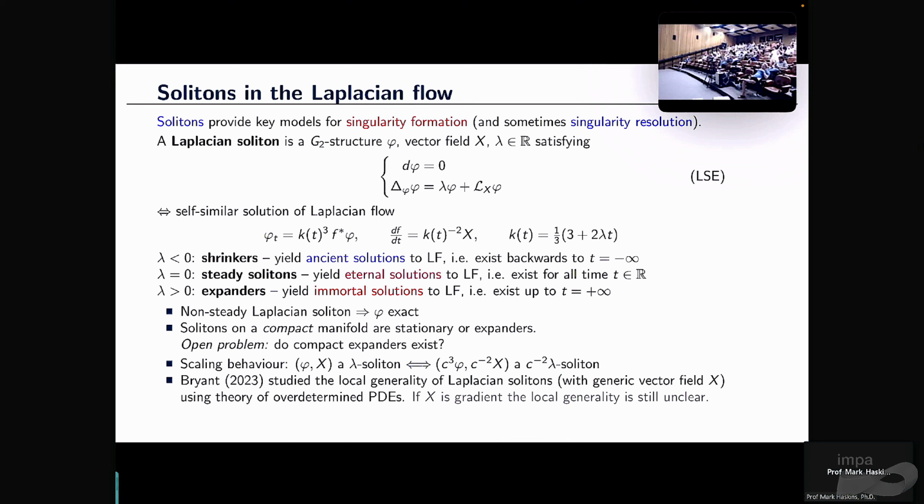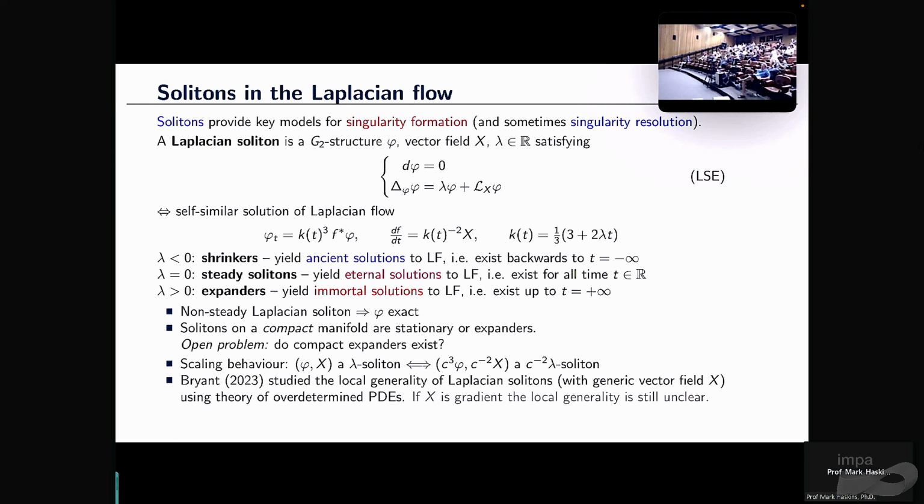So the first question again is sort of a local question. This again looks like a highly overdetermined system. Maybe it's so overdetermined that you don't get solutions to it, but much more recently, Robert has studied this problem, again using methods of overdetermined PDEs, and at least for generic vector fields, so things that are not gradient, the local generality of solutions is understood.